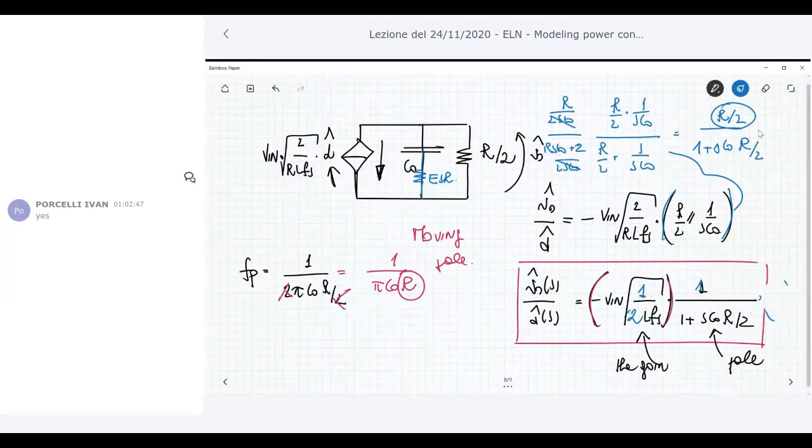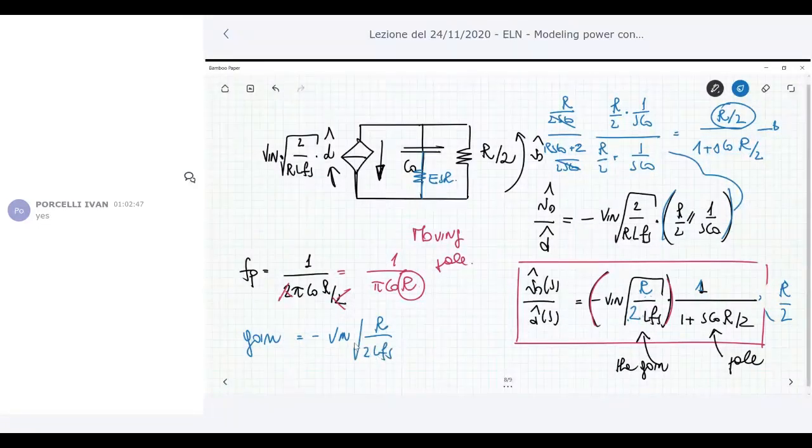Yes, this is exact. So you have R divided by 2, and this is 2. Okay, good. I forgot there is the 2 here. So when I put R here, it becomes R at the numerator. Then I have the 2, and the 2 becomes 2 here. So the gain is, let me put here, minus V in R over 2LFS.